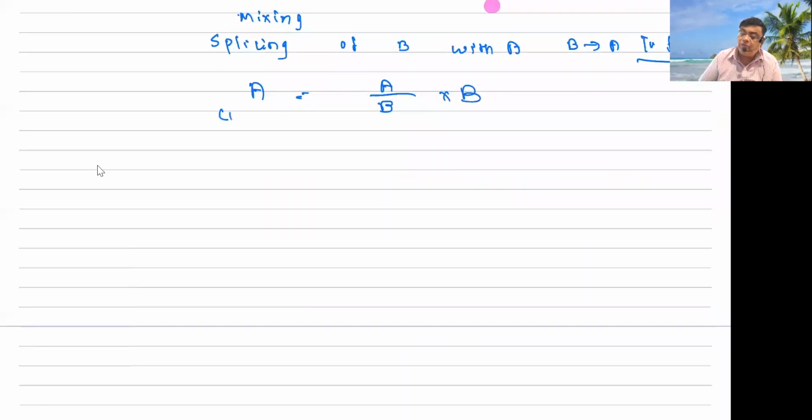Now write current here, current here too, and common here. I want you to write the formula because it can be asked as a theory question.